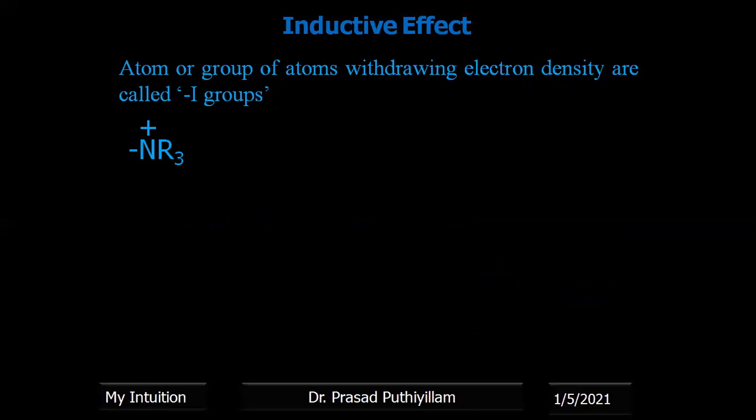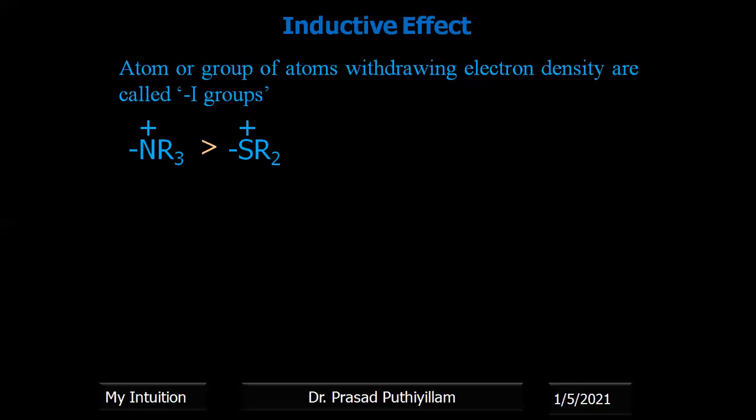Atoms or groups of atoms which are capable of withdrawing electron density are called a minus I effect. Say for example, NR3 with N having a positive charge. Anyhow, it is having a positive charge, therefore it is a highly electron-withdrawing group.